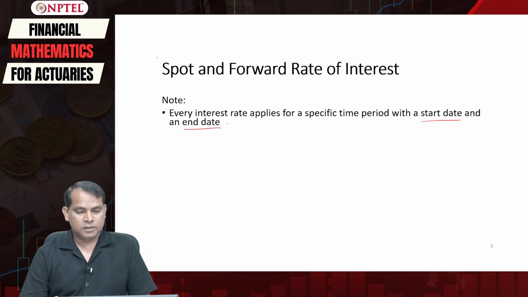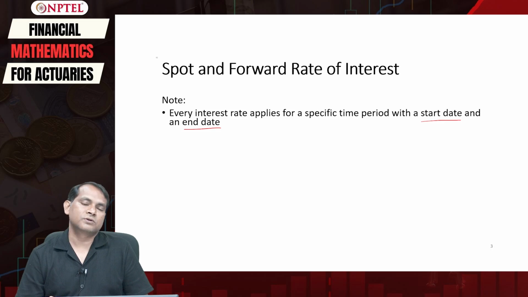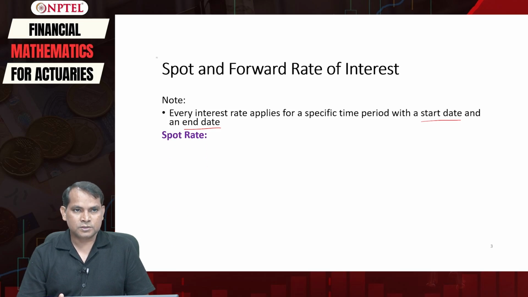I think we have already understood the present value calculation and the future value calculation, but there you have seen that the interest rate was constant. In the previous sessions we have also understood that interest rates in different time periods may vary. So let us understand what the spot rate is.